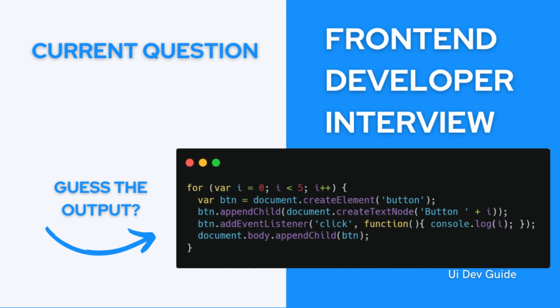And we are adding a click event listener to it, and we are trying to access I. So you asked me, when I click on the fourth button, what will it print in the console, correct? Yes. Okay.